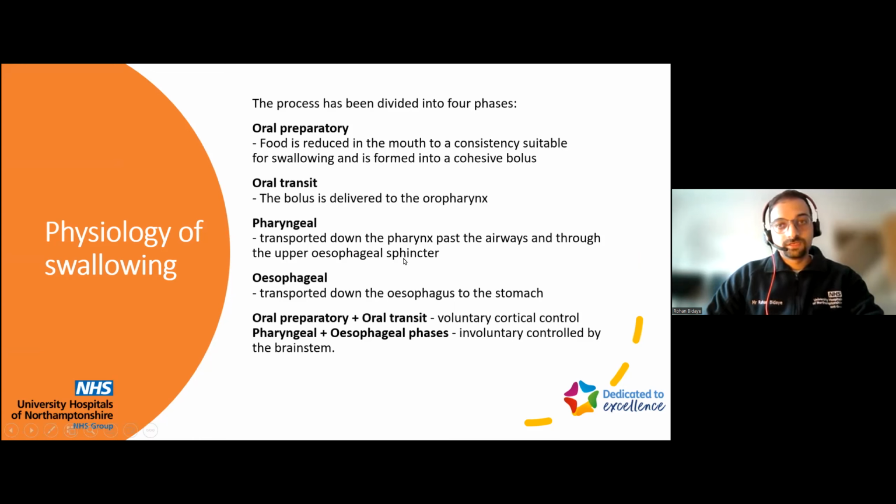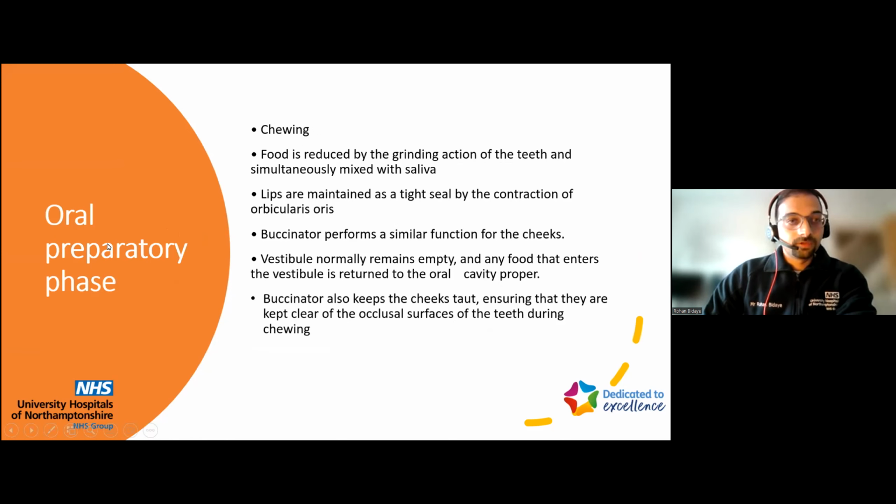The pharyngeal phase carries it to the upper esophagus, and then the esophageal phase all the way to the stomach. The first 2 phases are voluntary under cortical control, whereas the second 2 are involuntary, controlled by the brainstem.